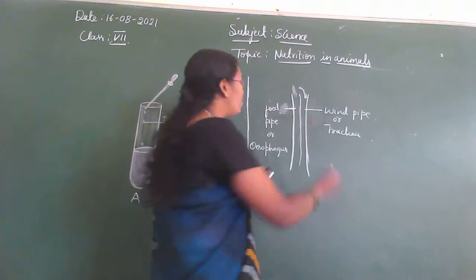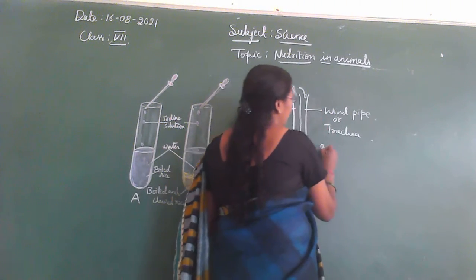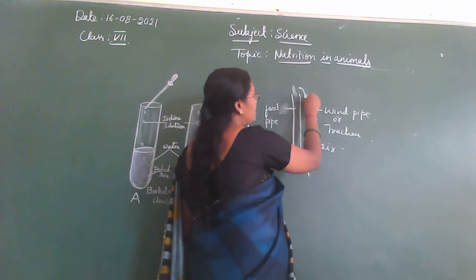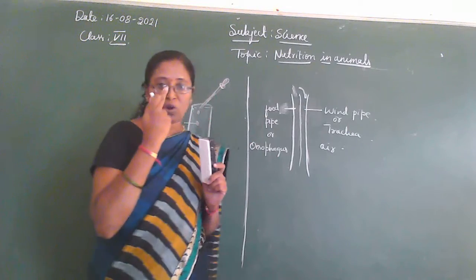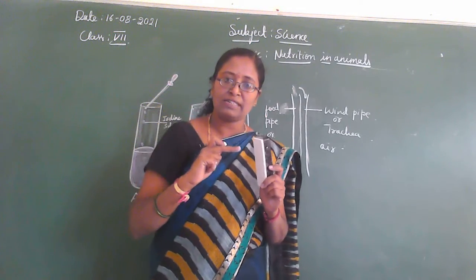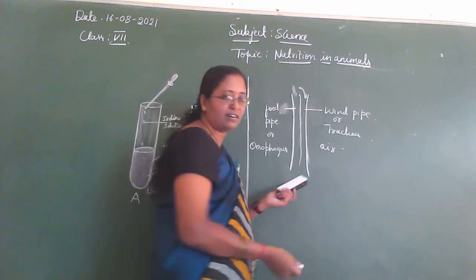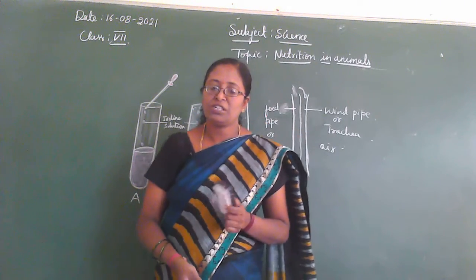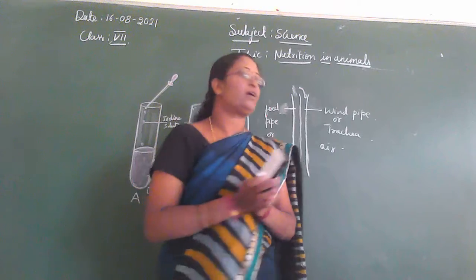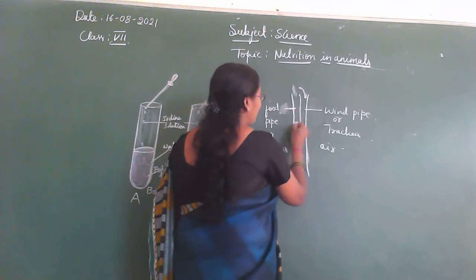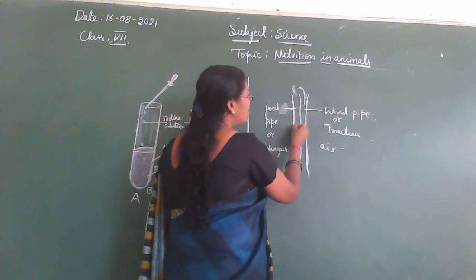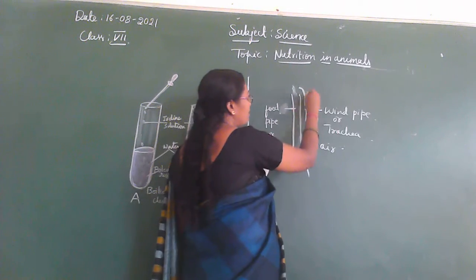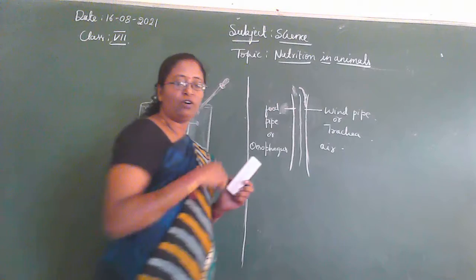So the windpipe carries air or oxygen, and finally it reaches the lungs. It runs adjacent to the food pipe.